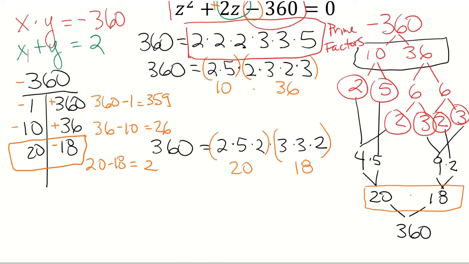My original problem was z squared plus 2z minus 360. And now I'm going to rewrite that. Actually, let's do an extra step here so you can see the whole process.